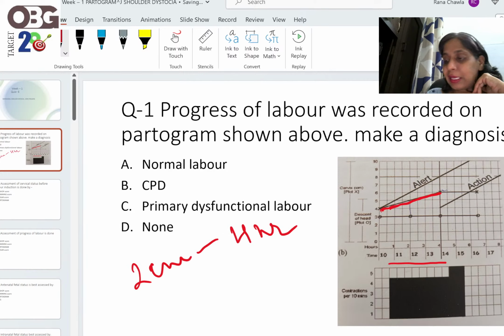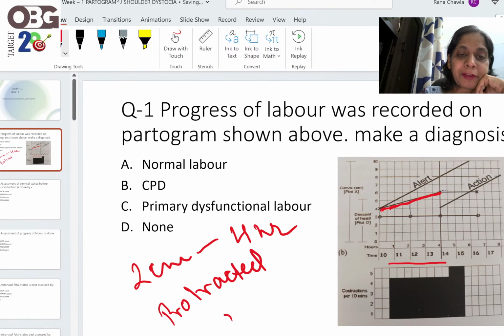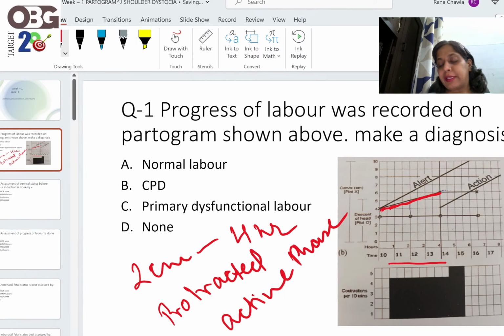So this is coming in the zone between the alert line and action line, and in this first 4 hours, what is the diagnosis? Protracted active phase, isn't it? So the diagnosis is protracted active phase.